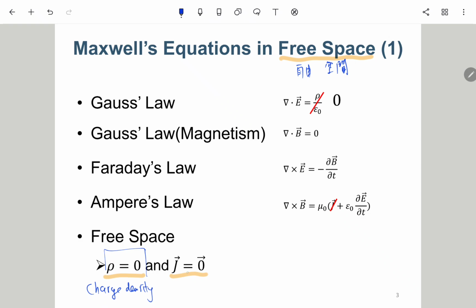Then the second condition is J. J is the current density. No current density means no current. In chapter 29, when you learned Ampere's law, you know when you have static current, it generates B field.